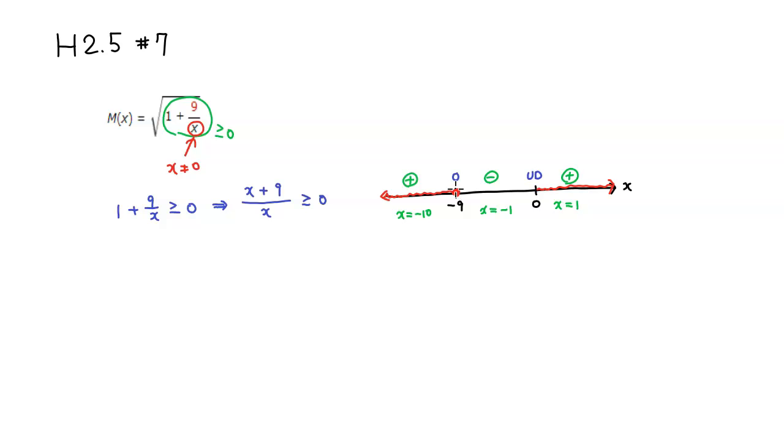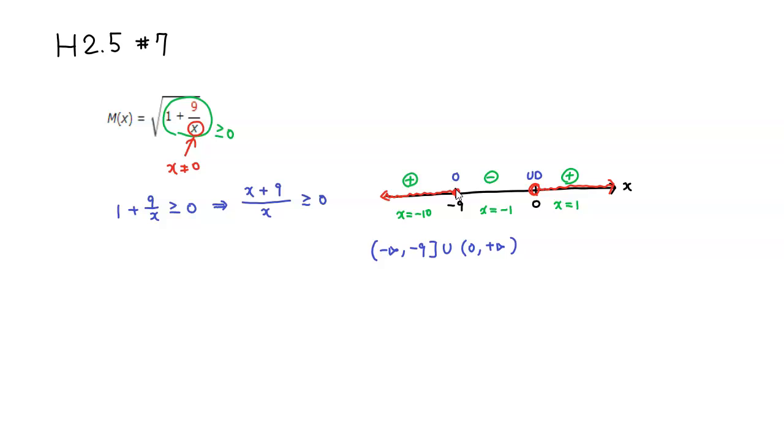But we cannot include 0, because if x is 0, the denominator becomes 0, so we have to exclude 0. So it looks like all we want is negative infinity all the way up to negative 9, including negative 9, then starting from 0, but excluding 0, all the way to positive infinity.